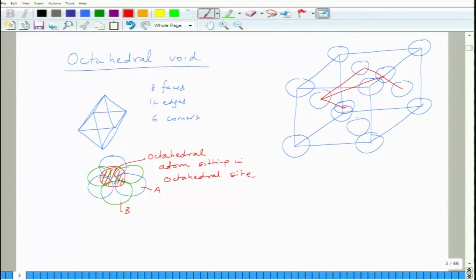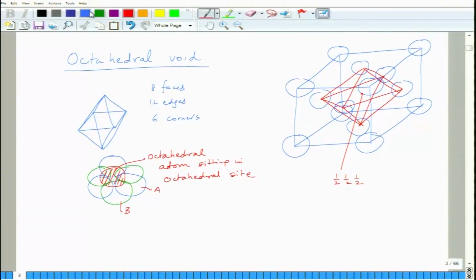You connect these faces, this is the octahedral void in case of a FCC structure, and the location of the octahedral void is half. Okay. To find out the size, which we can do in a short while. So this is the octahedral void that you can form at half position.